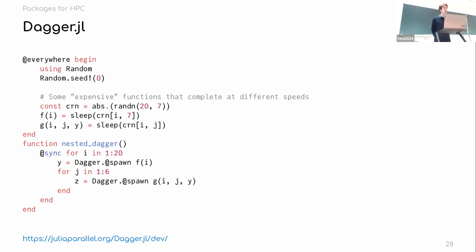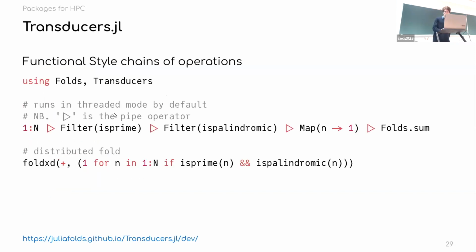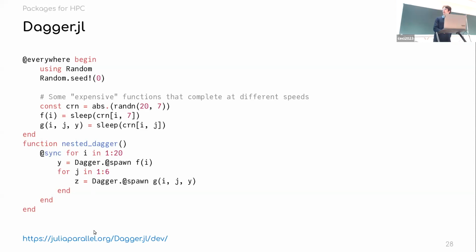One package you might want to go to after using Distributed is called Dagger.jl. You can find the link at the bottom here. Dagger is really nice because you can think of it as an upgrade of Distributed.